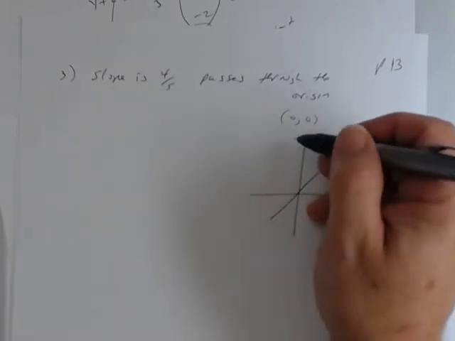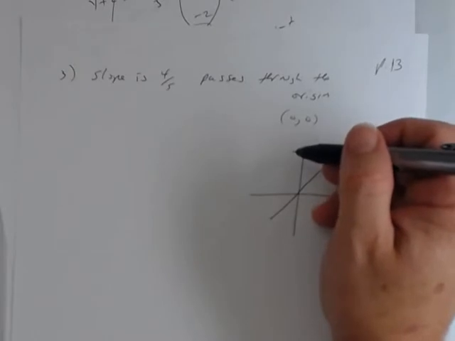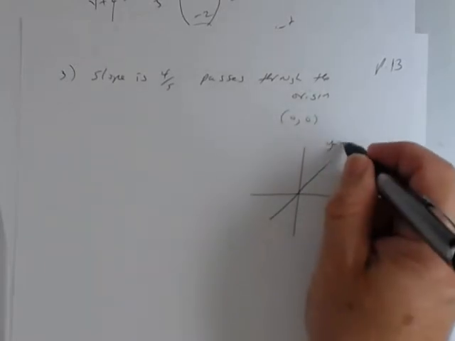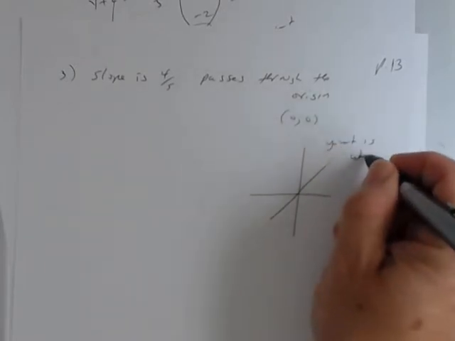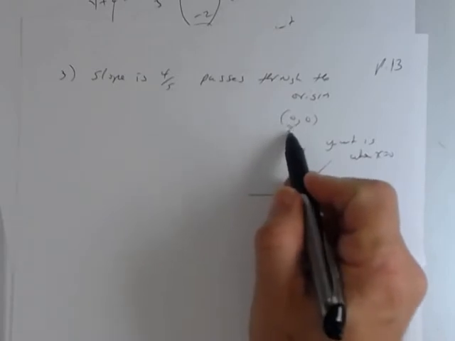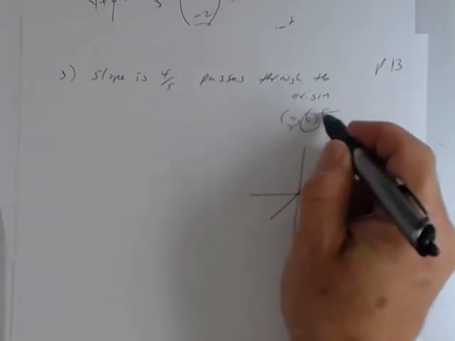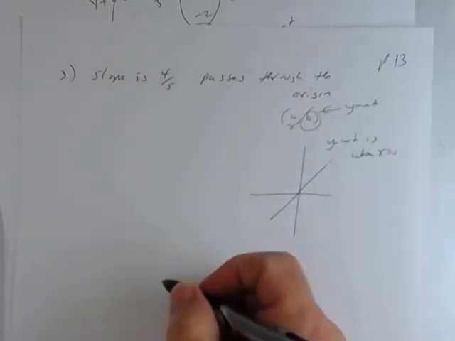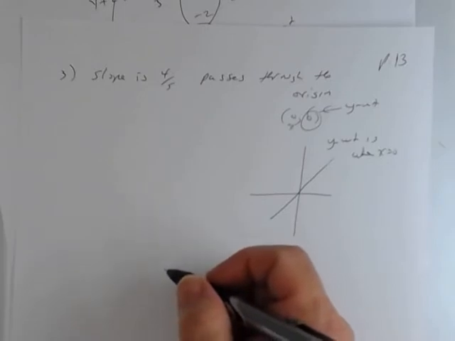So remember, your y-intercept is whenever x is 0, correct? The y-intercept is when x is 0. Well, isn't x 0 here? So that means that this, that I've circled, is your y-intercept. So your y-intercept is what? 0.